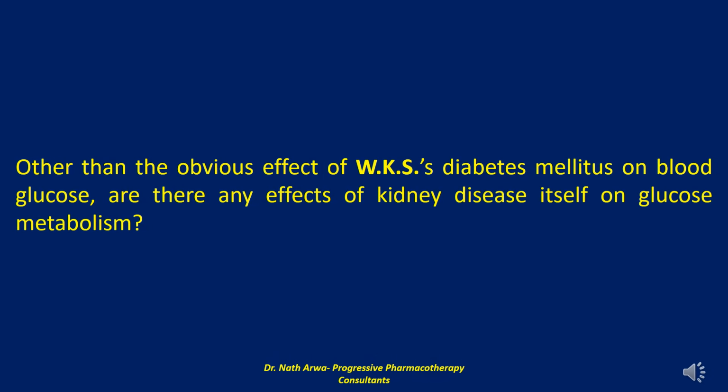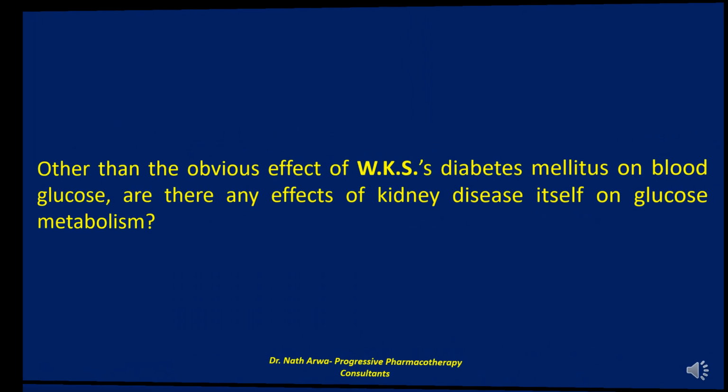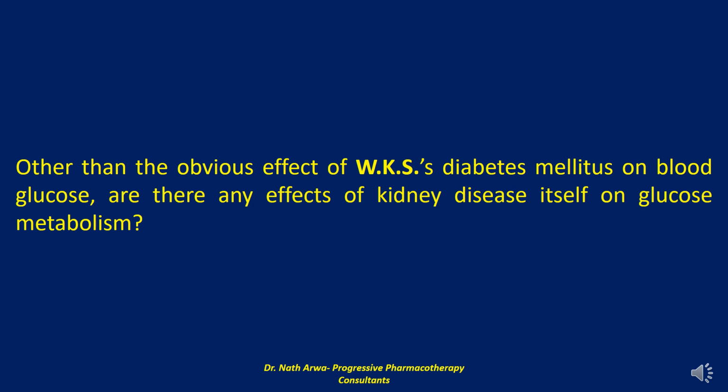My next question to you reads: other than the obvious effect of WKS's diabetes mellitus on blood glucose, are there any effects of kidney disease itself on glucose metabolism? Uremia often is associated with glucose intolerance early in the course of kidney disease in non-diabetic patients.